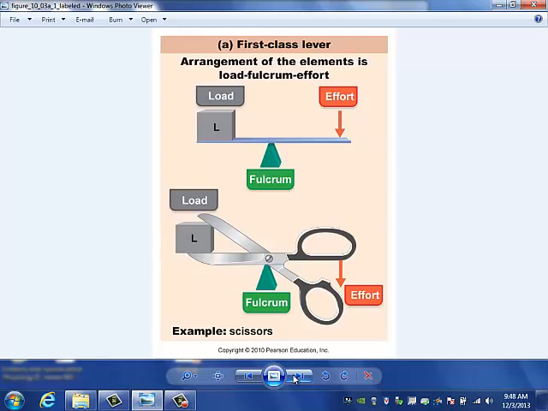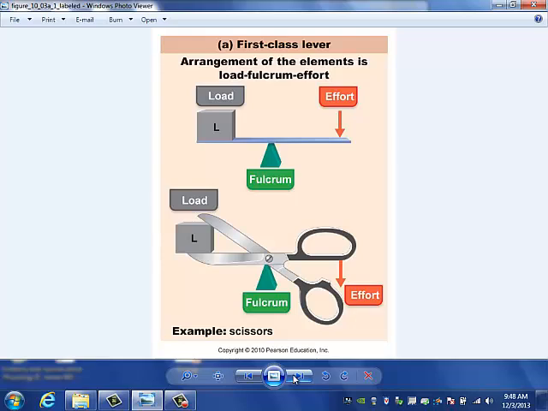So this is a first-class lever system where we have the load on one side, the fulcrum in the middle, and the effort on the other side. What does this remind you of? A seesaw. That's a first-class lever system. In the playground, you were learning physics. Did you know that?